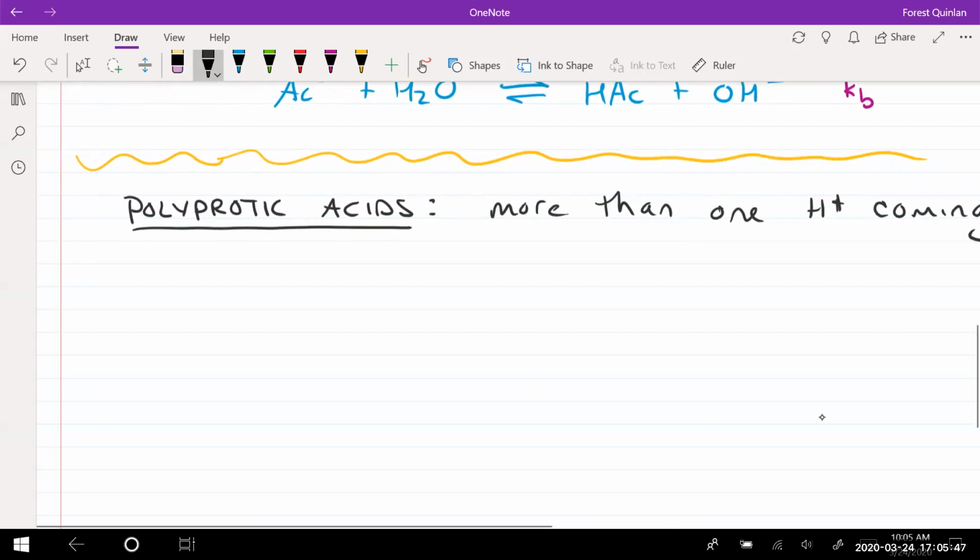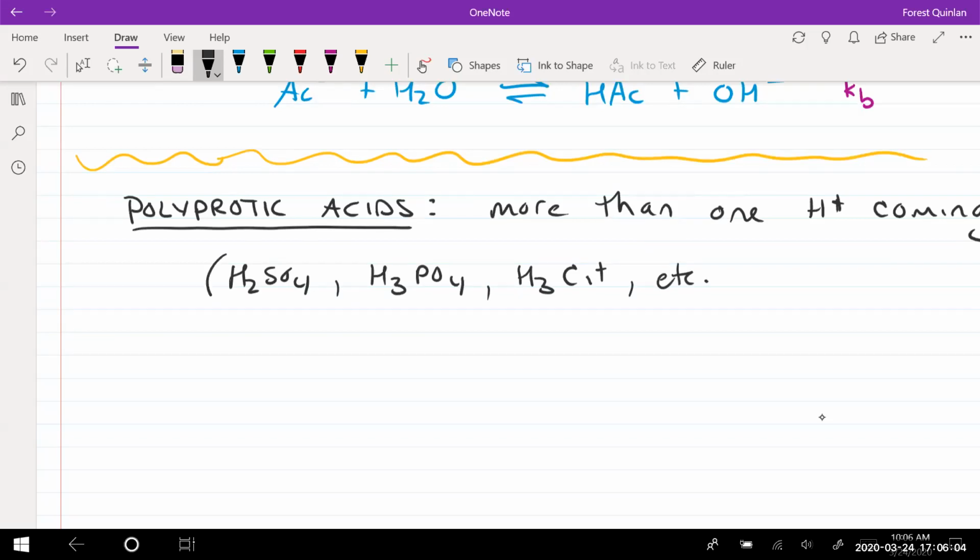Of course, we're talking about things like H2SO4, H3PO4, H3 citric acid, etc. Now, I should probably put H2SO4 in parentheses because it's a strong acid, so we won't actually be doing anything with it. Just showing you that it is a polyprotic.